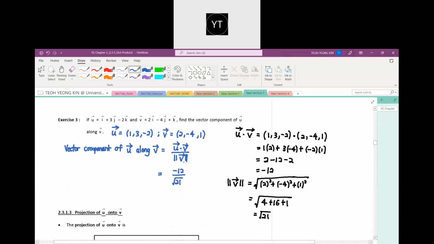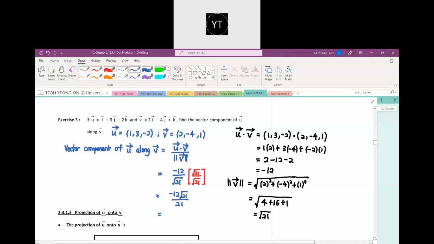If you want to simplify, we can multiply the denominator and the numerator by the square root of 21. You should have negative 12 square root of 21 divided by 21, because square root of 21 times square root of 21 is 21.